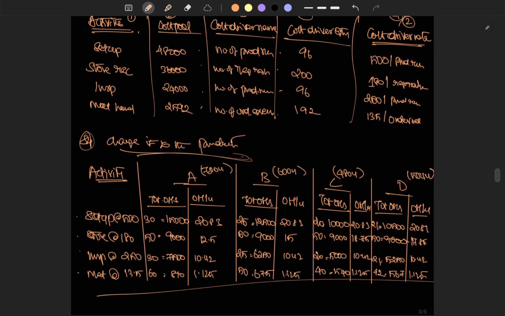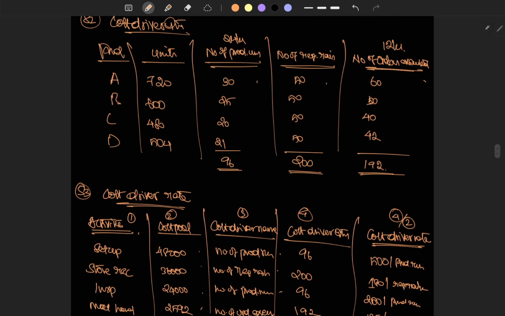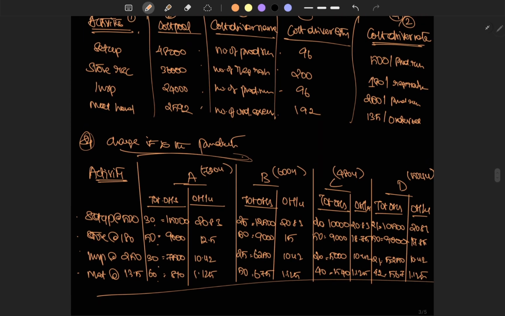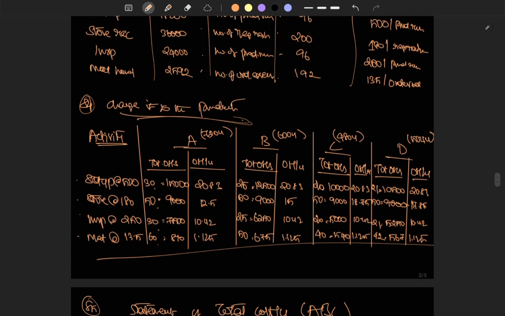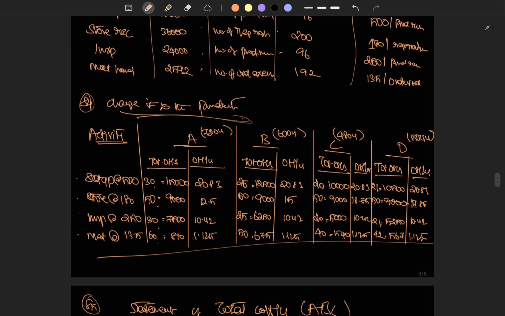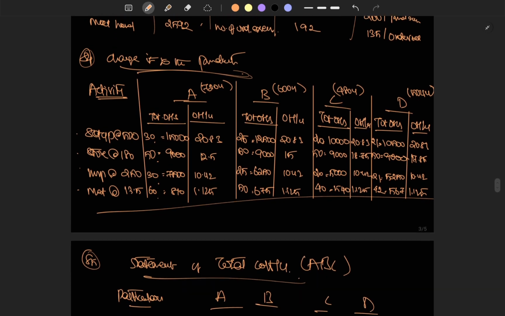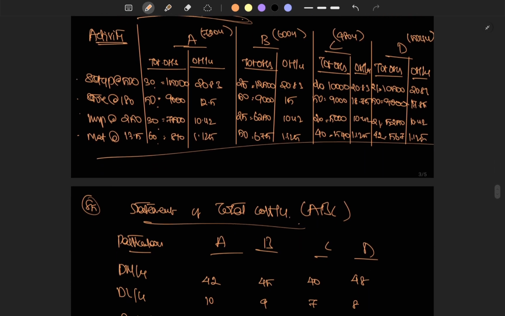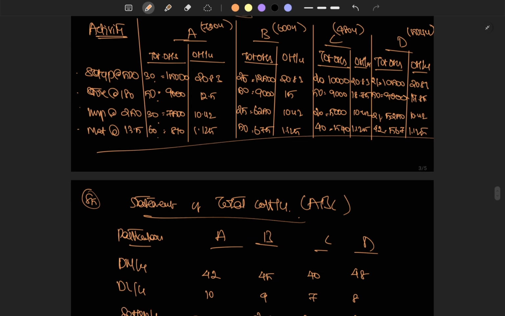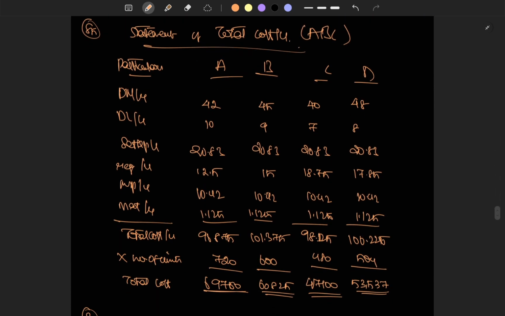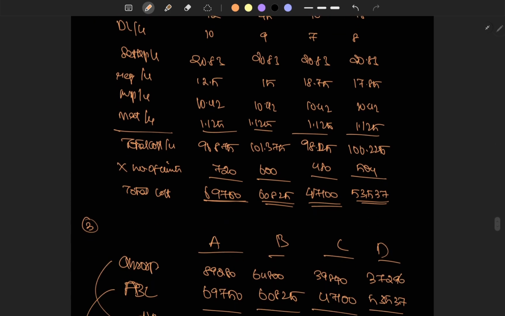The cost driver rates are listed here the same as there: 30, 50, 60. That's how we listed every value, and we found the overhead per unit. So we can simply multiply by the number of units and easily find the total cost.